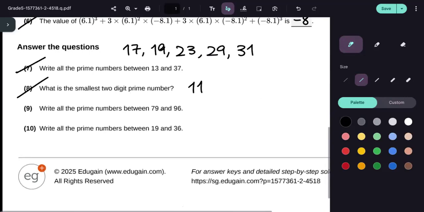Question 9. Write all the prime numbers between 79 and 96. Again, do you include?